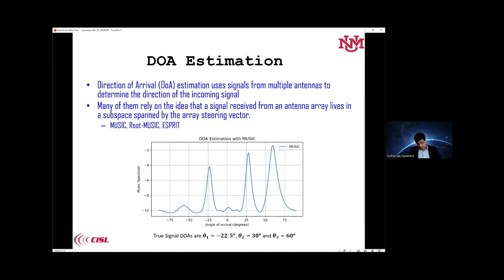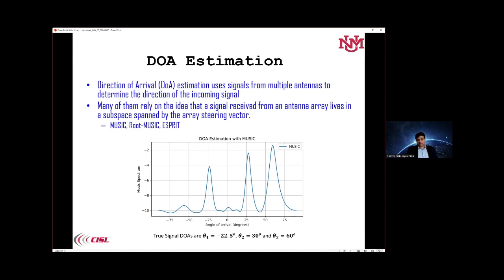There are many techniques for DOA estimation, including the classic multiple signal classification algorithm, or MUSIC, and its variation root MUSIC, as well as ESPRIT. And there are many other algorithms that people have proposed to do the direction of arrival estimation.